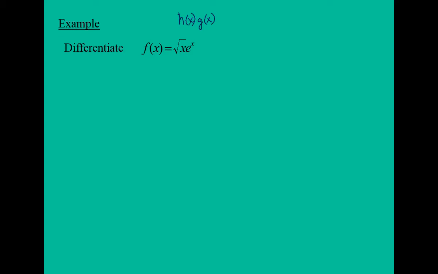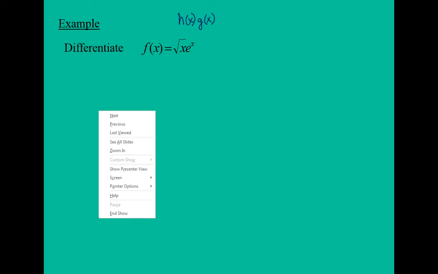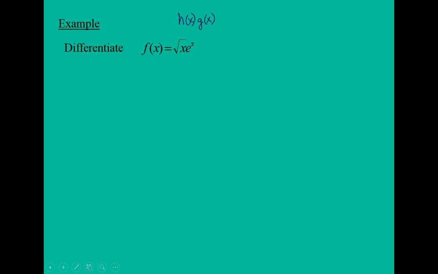So we would say our h of x is the square root of x times our g of x. Well, g of x would be e to the x. So we can apply the product rule. So applying the product rule, we would take the first times the derivative of the second function plus the second function times the derivative of the first function.